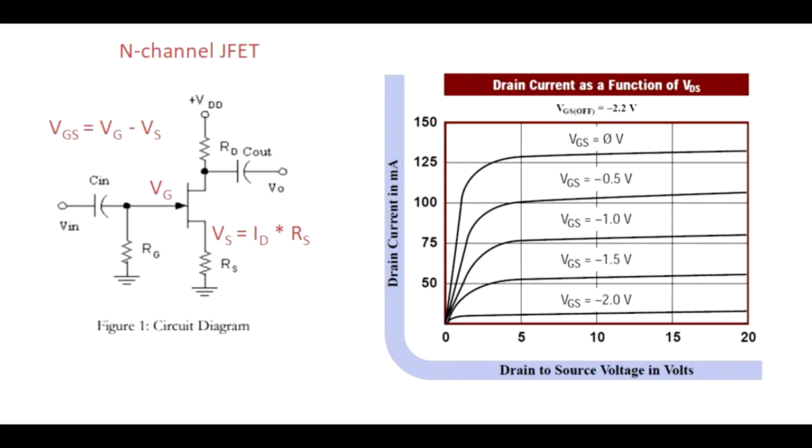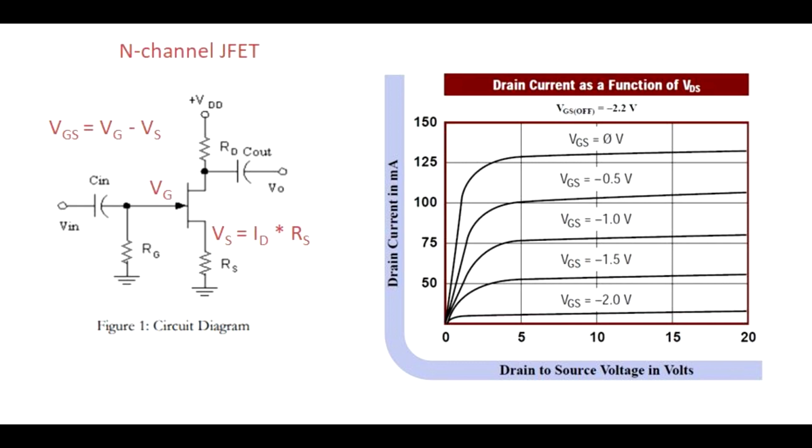Now, when you use these devices, you generally want to DC bias them somewhere in the middle. So if it's fully on at 0 volts and fully off at minus 2.2, let's go ahead and say we're going to bias it at minus 1 volt. And so DC-wise, it's biased at minus 1 volt, and then the AC will pass through.